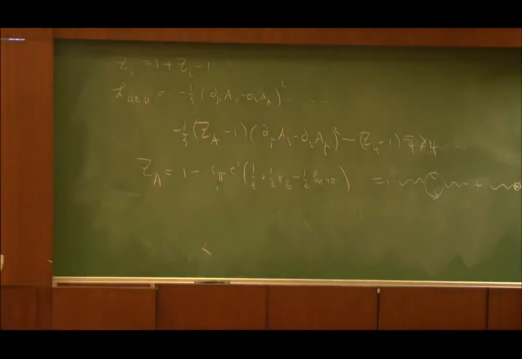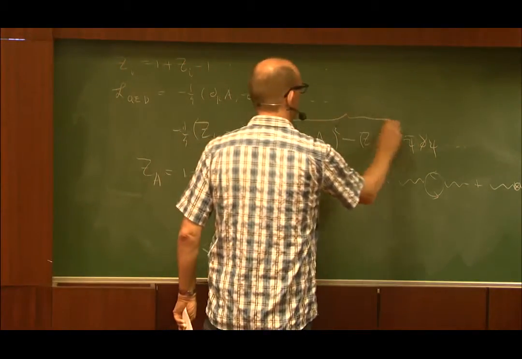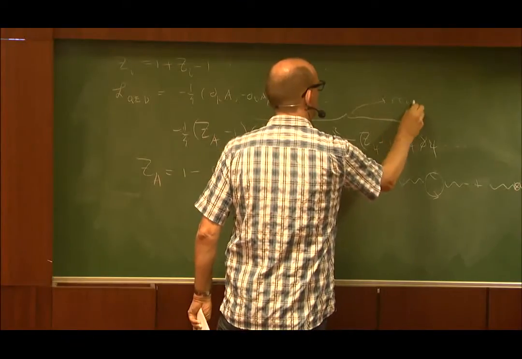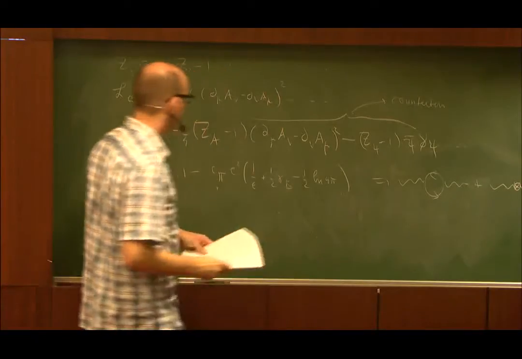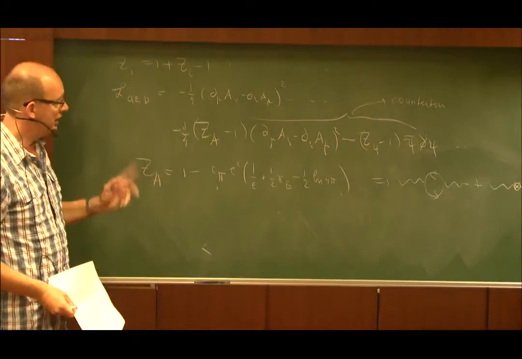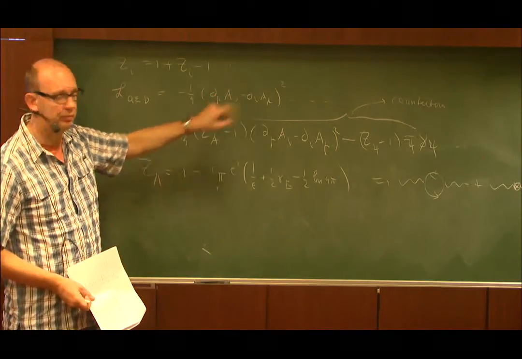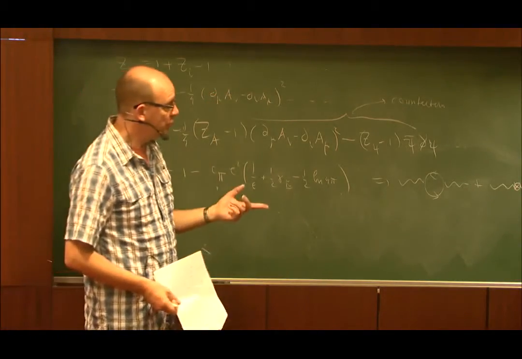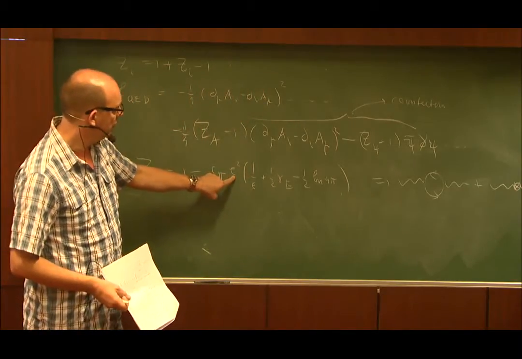These are called counterterms. And the name comes from the fact I define these Z's such that they cancel the 1 over epsilons that this part of the Lagrangian produced. So I get an extra contribution at order e squared. You see it's order e squared. This one gave me the loop.